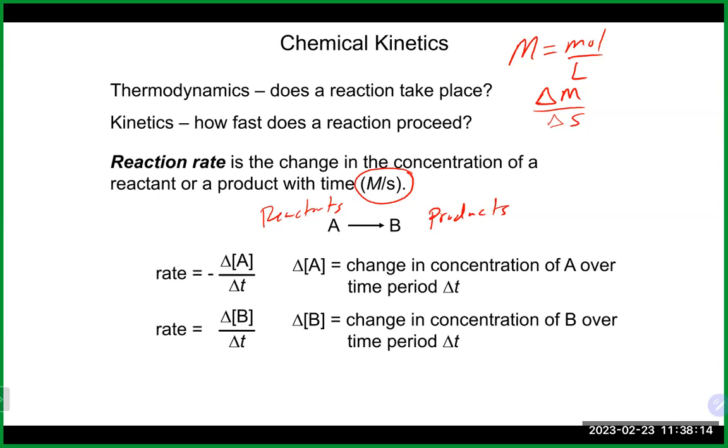When this reaction takes place, we would expect it to go from A to B, which means over a period of time, would we expect the amount of A to increase or decrease? It should decrease, right? In order to make products, you need the reactants to come together.